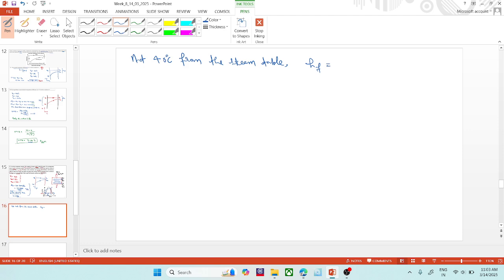HF comes out to be 167.53 kilojoule per kg, and Hg is 2573.5 kilojoule per kg.